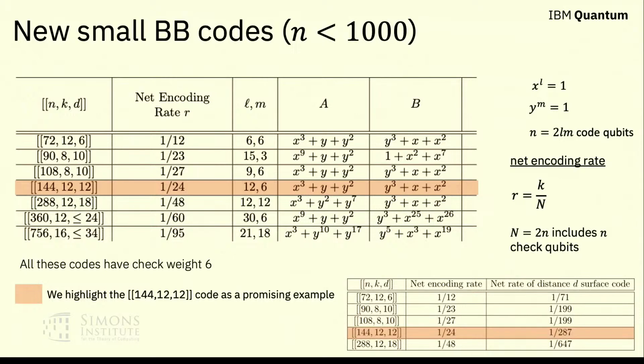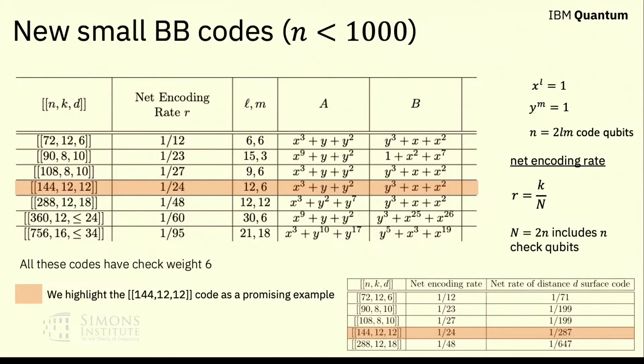The thing I'm interested in demonstrating on this slide is that if you look at this net encoding rate, which is the number of logical qubits divided by the total number of physical qubits, including the check qubits. So the number of check qubits we use is also equal to the size of the code. So for instance, the 144 qubit code has also 144 check qubits.